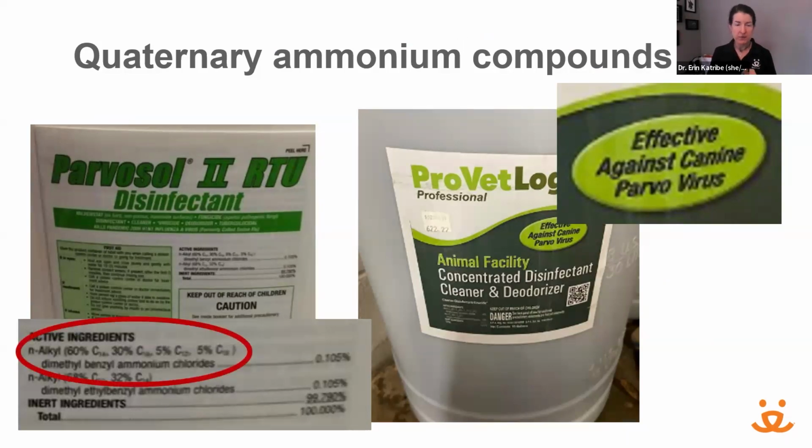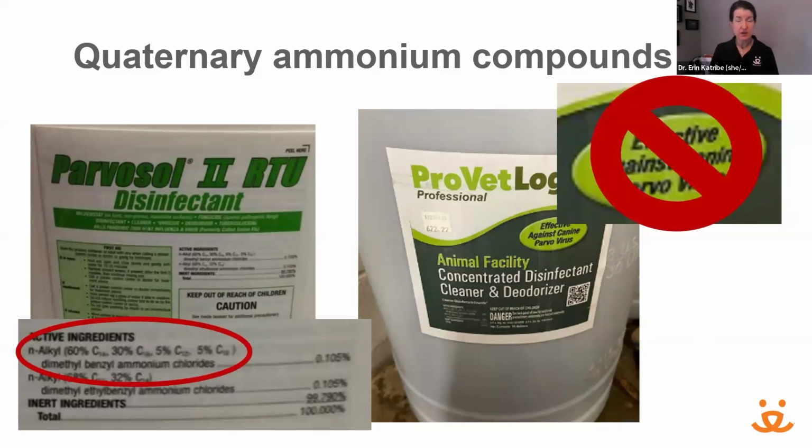And when we look with independent research and we actually test these, they're not reliably effective against these hardy pathogens. And the way that you know it's a quat is you look at the active ingredients and it has that ammonium in the name. And unfortunately, like I said, these are not reliably effective. So if you run into shelters or programs that are using these, it's important to note they're not reliably effective.